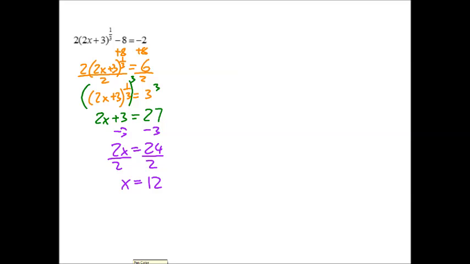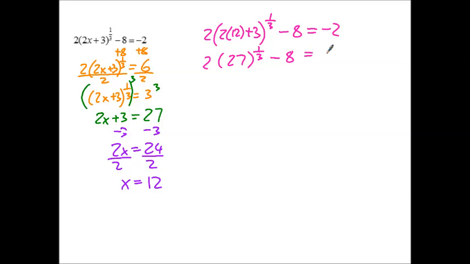Let's check out the solution. Plugging 12 back into the original equation: 2 times the quantity 2 times 12 plus 3 to the power of 1/3 minus 8 is equal to negative 2. 2 times 27 to the power of 1/3 minus 8 is equal to negative 2. 27 to the power of 1/3, in other words, the cube root of 27, we just had that, that is 3.